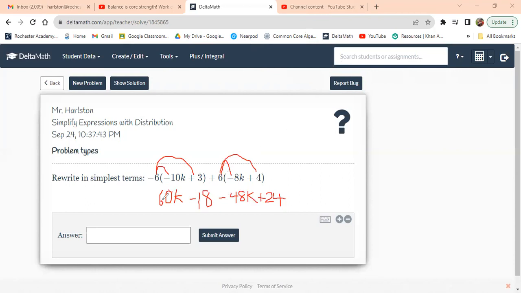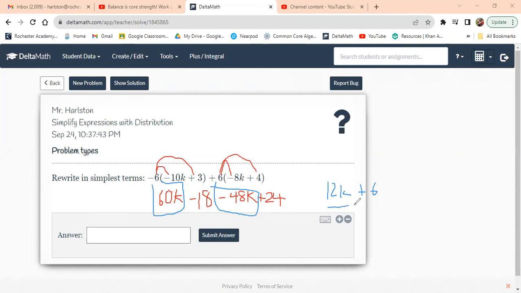So we're going to put these two together. And that's going to be 60 minus 48, which is going to be 12. So that's 12k. And then we're going to do the same thing. This is a -18 plus 24. So that's going to be a +6. Now, so here's my answer right here.